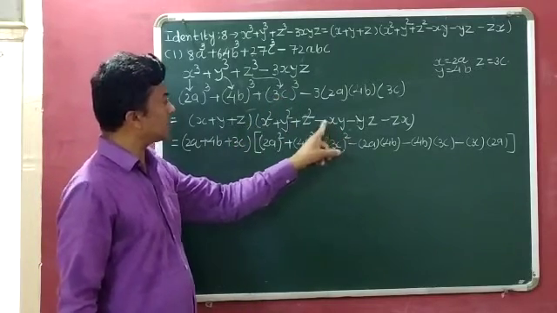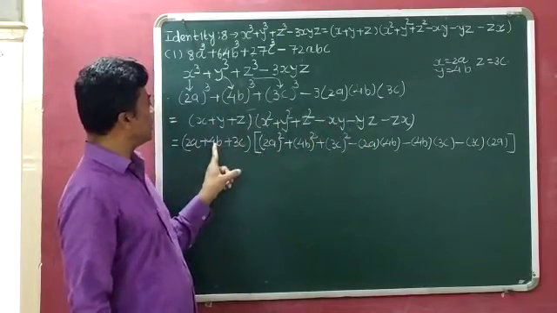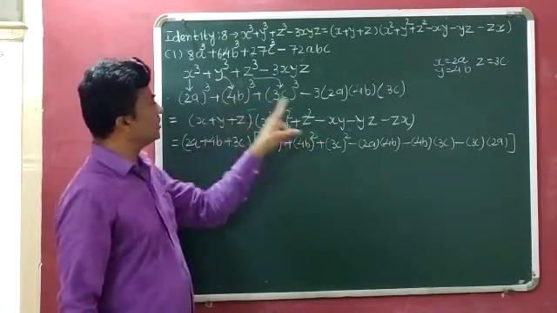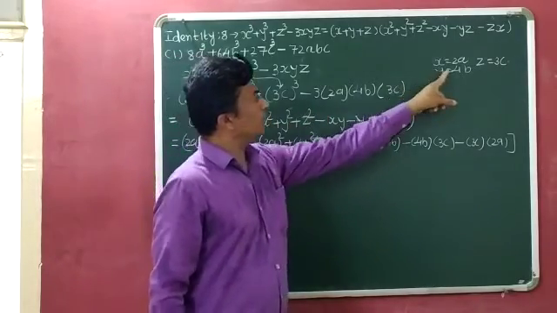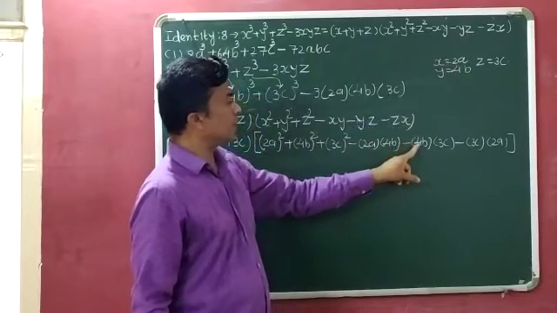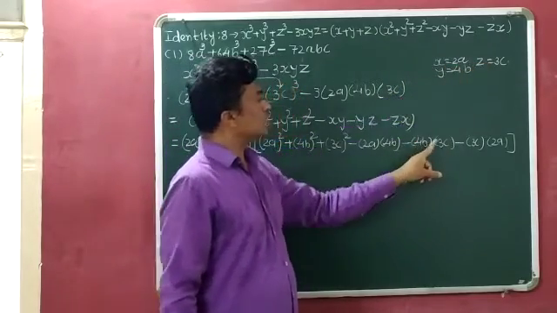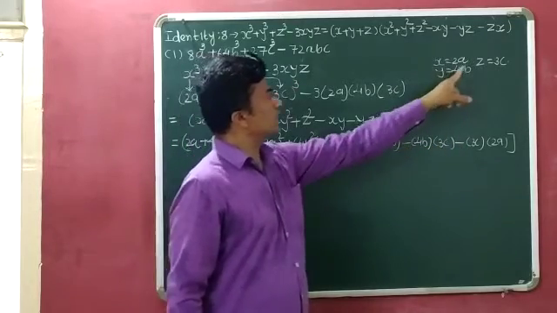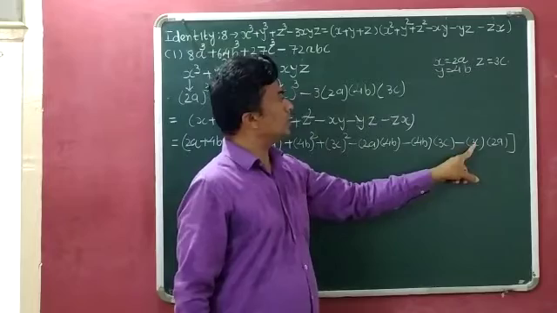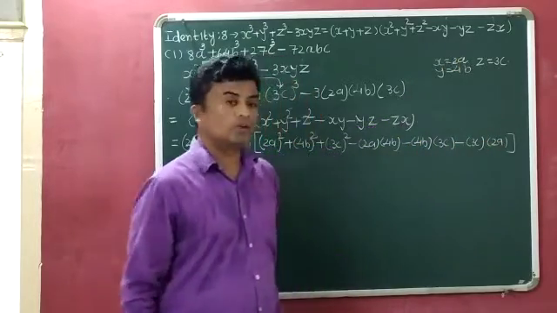Minus x, 2a, y, 4b. Minus y is 4b, z is 3c. Minus z is 3c, then x is 2a, and the bracket is over.